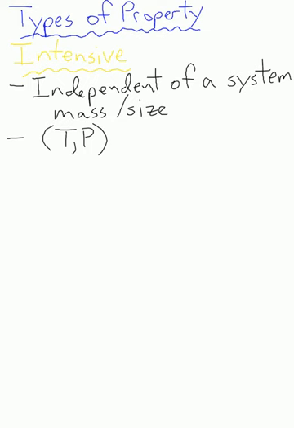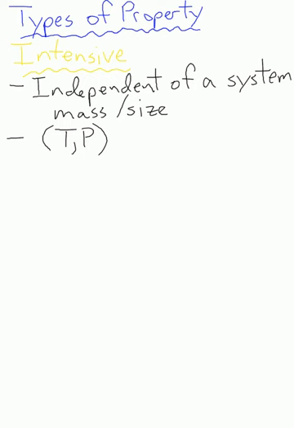If we were to look at that system and divide it in half, we now have half the amount of air, half the mass of air. But if we draw that imaginary boundary down the middle of your room and take half the air, we haven't changed the temperature or pressure of that air.